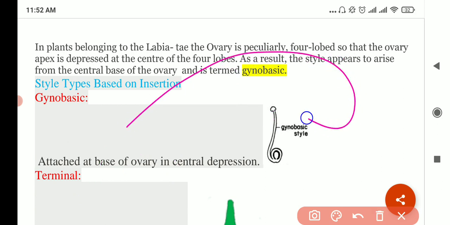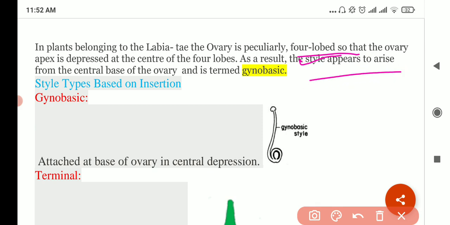Okay, it looks like a lip, like that. So labia is lips, no? So in this family of flowers which look like lips, okay, the ovary has four lobes. Okay, so when we do about the Labiatae family in your third semester, when we cut, you will see it has four lobes. Okay, four chambers in the ovary.